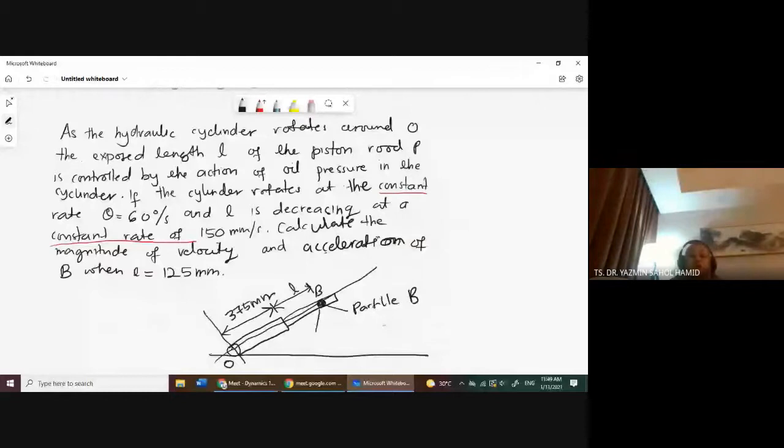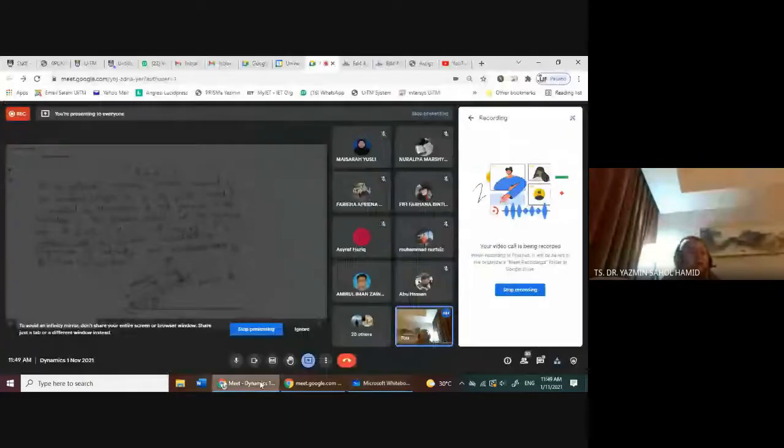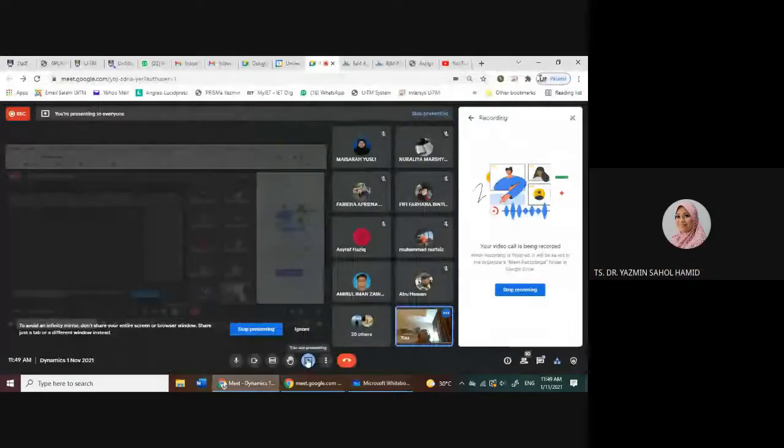What was the rule? The particle is constrained along this path, tapi dia rotate macam mana? Macam ni, betul tak? Dia rotate cylindrically. In circular motion, betul tak? Boleh tak guys? Particle ni is constrained along path piston ni, nampak? Tapi dia still moving in a curved line.